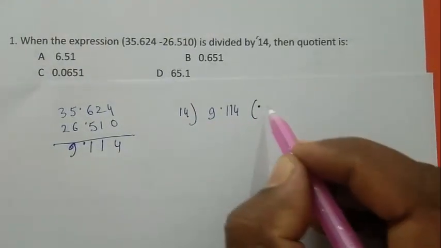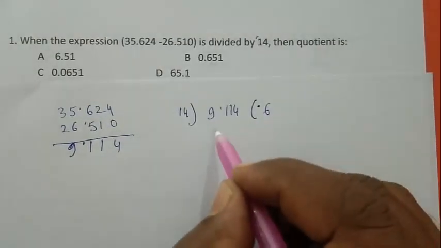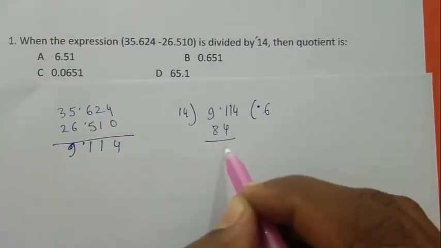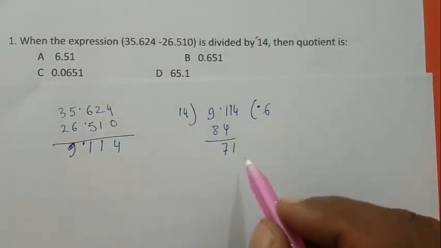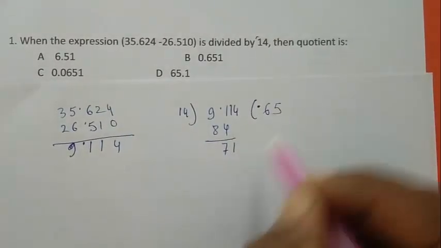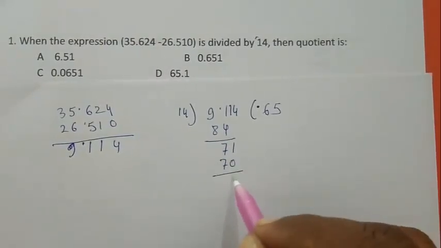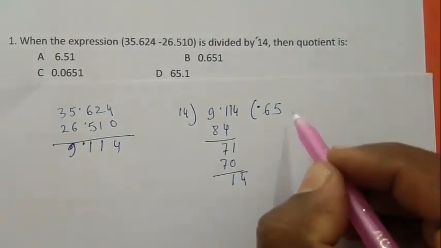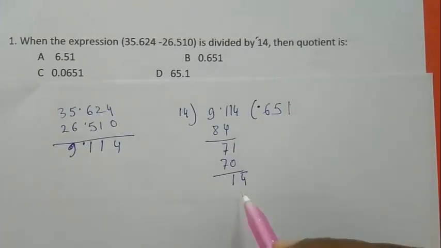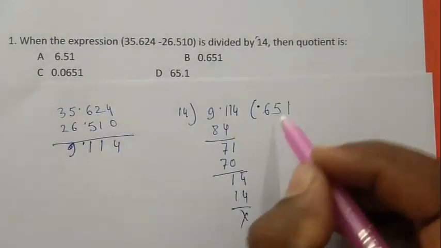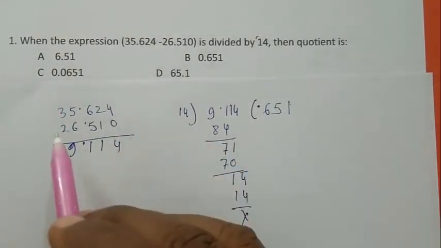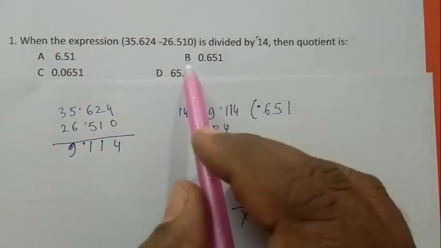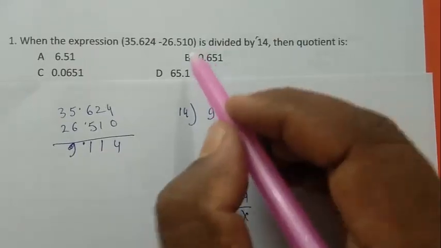First we put the point over there. After that, 0.651. So the answer is 0.651. 0.651 is the right answer.